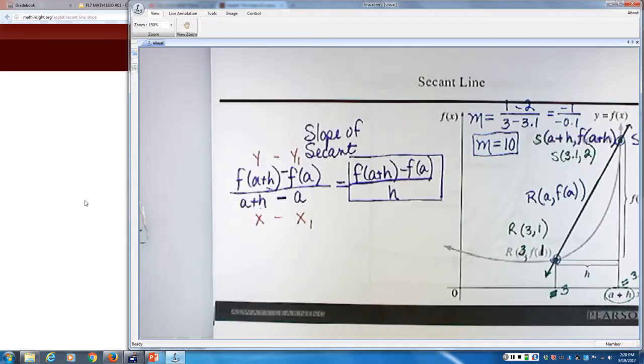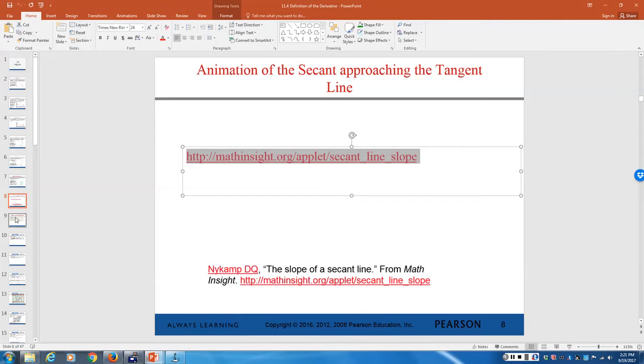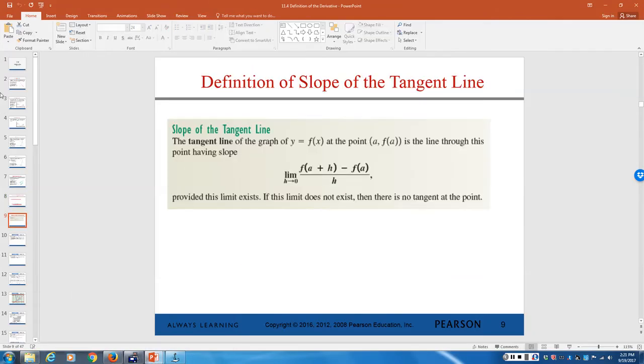Let's talk about why I want you to see that. To find the slope of a tangent line, I'm going to show you a picture of this in a minute to give you an idea of what we're doing. The book's definition says the slope of a tangent line is the limit. Notice this was the slope of the secant line right here. Agree? That was assuming we had two different points, A and A plus H. So this is the slope of the secant line.